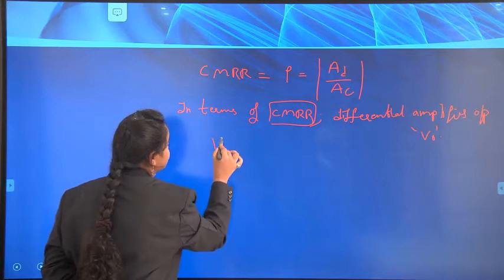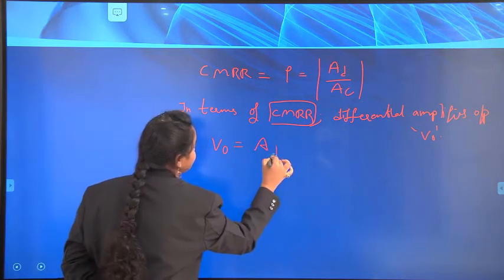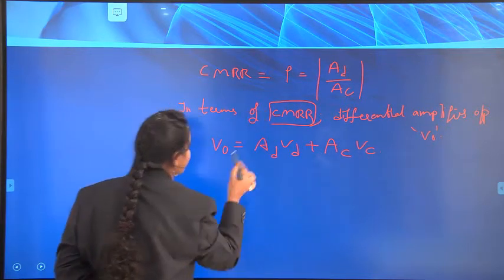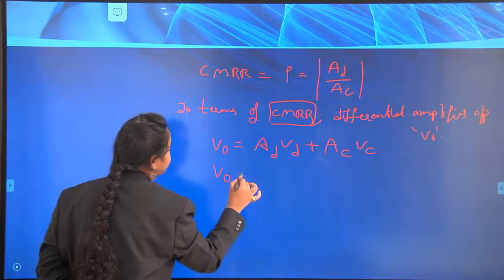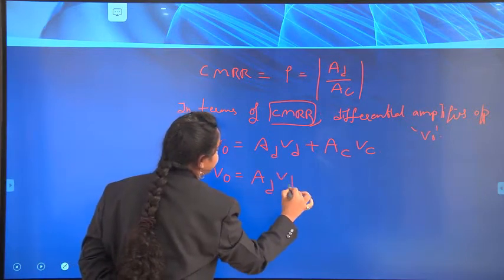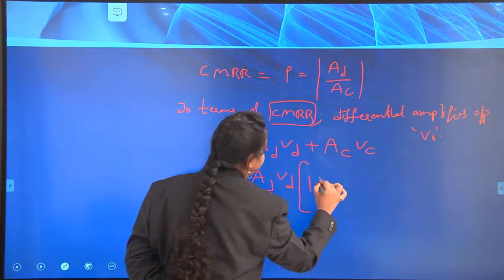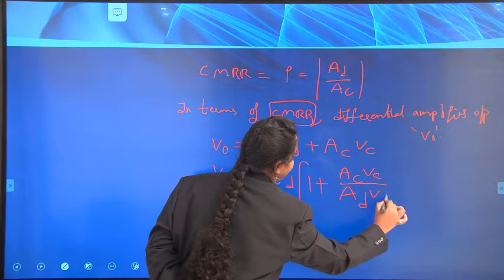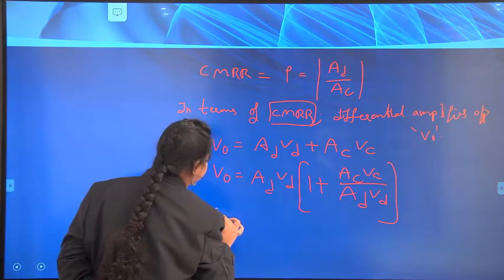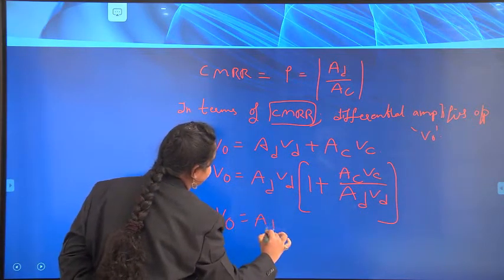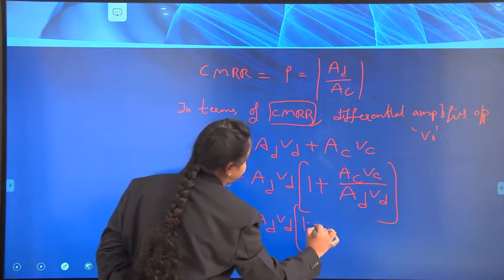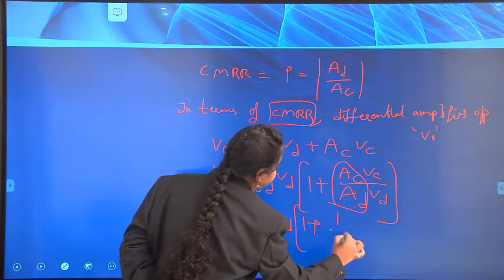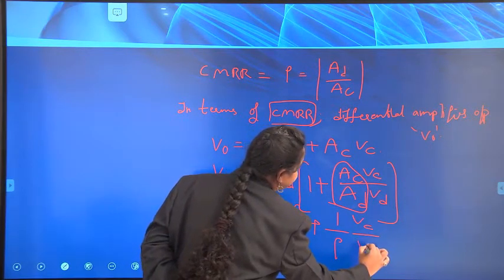From yesterday's class, V0 equals AD VD plus AC VC. In the form of CMRR, we take AD VD as common: 1 plus AC VC by AD VD. So V0 equals AD VD of 1 plus, in place of AC by AD, 1 by rho VC by VD.